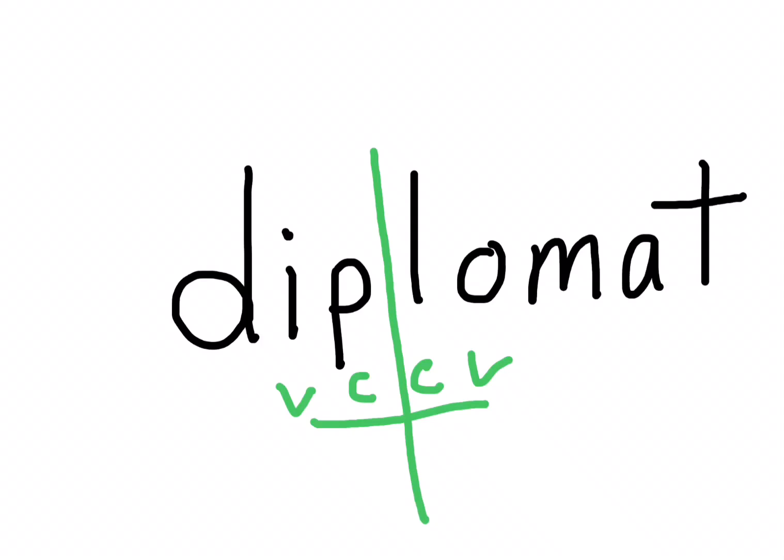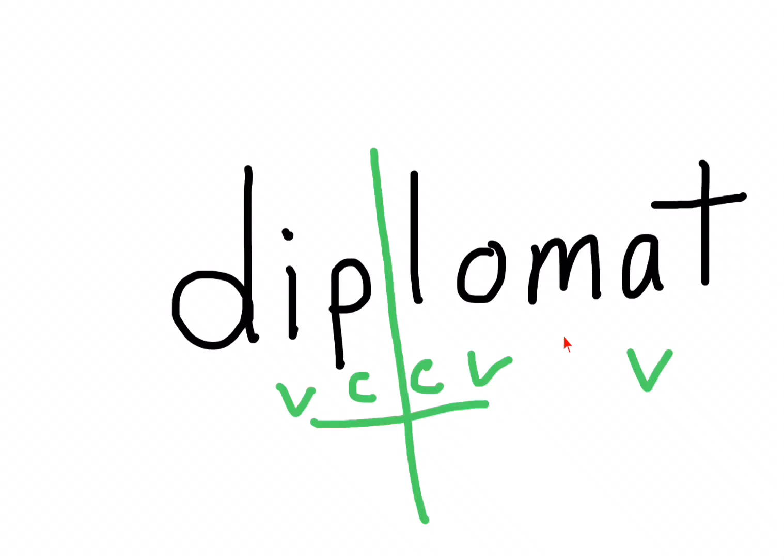Okay, so far it looks like I have two syllables, but let's see if I can find another vowel. Let's see, there you go, A is another vowel, so let's label that. And what do we have in between?